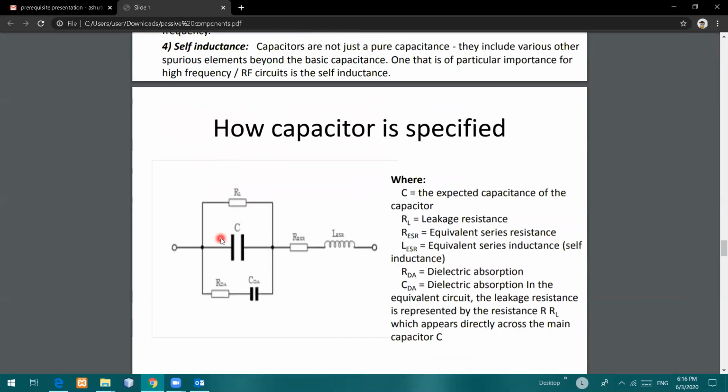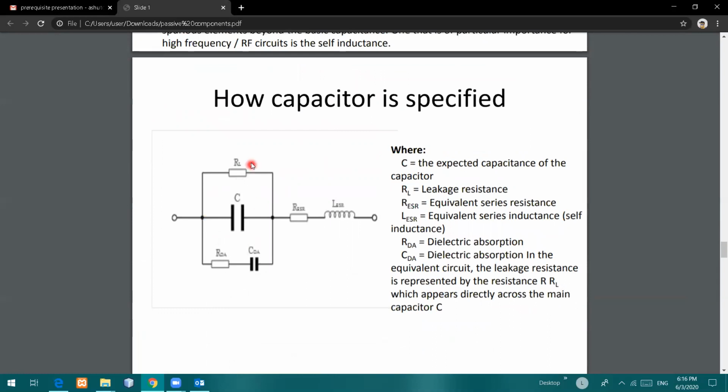Now this is the equivalent diagram of the capacitor: RL, C, RESR, LESR, RDA and CDA. C is the expected capacitance of the capacitor, RL is leakage resistance, RESR is equivalent series resistance, LESR is equivalent series inductance, or self inductance, RDA is dielectric absorption and CDA is dielectric absorption in the equivalent circuit.